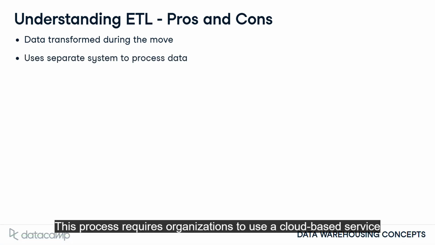This process requires organizations to use a cloud-based service or purchase the software and computer servers to run it themselves. Overall, the ETL process requires a separate system from the data warehouse to perform the transformations as the data moves.